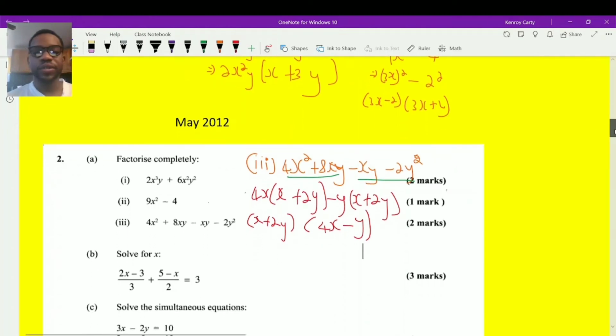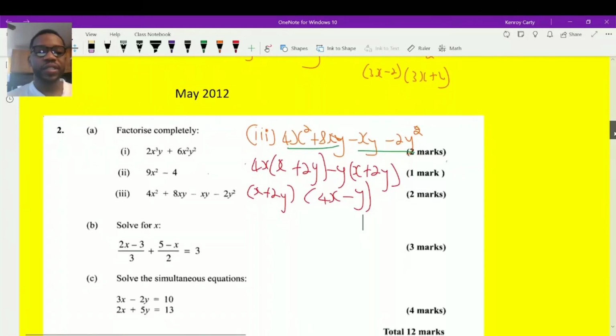I'm going down to question 2b. So what I'm going to do is simply put 2b on this side here so that we have enough space to work. It says solve for x. And of course this is an algebraic fraction. What we have is 2x minus 3 over 3 plus 5 minus x over 2 is equal to 3.